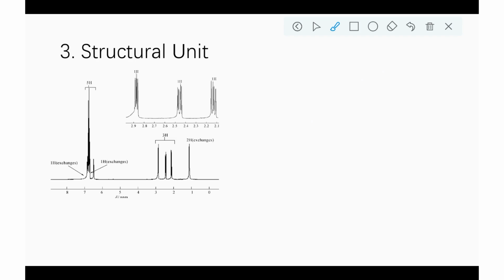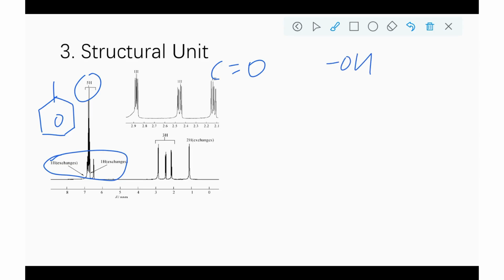So this one we already know is the aromatic ring, and these two are active hydrogen too, and because the oxygen is already used in a carbonyl group, we don't have any hydroxyl group. So they can only be because of another amine group.